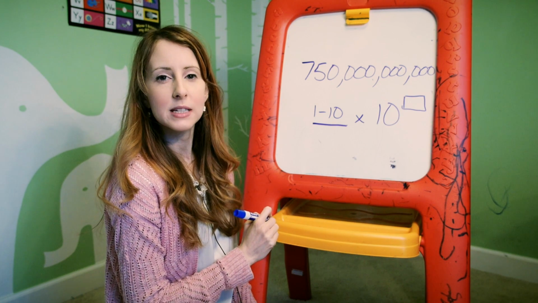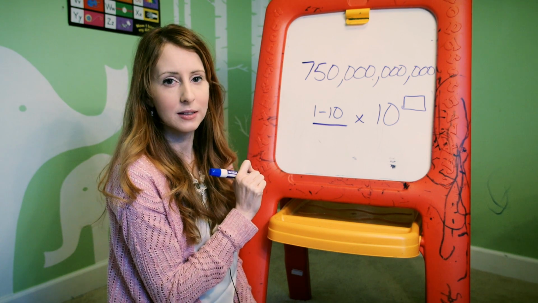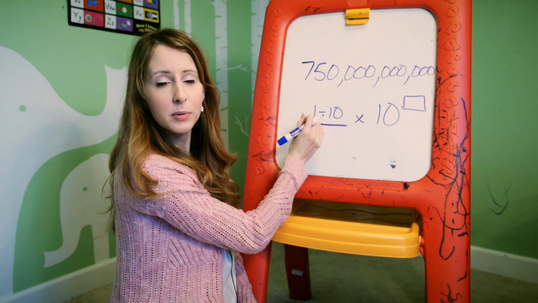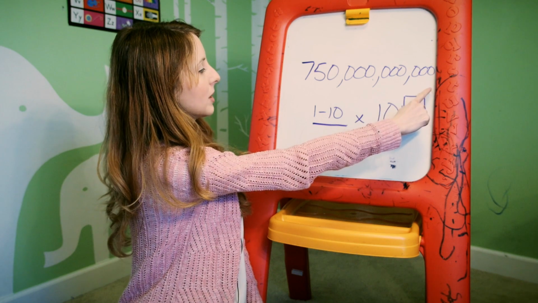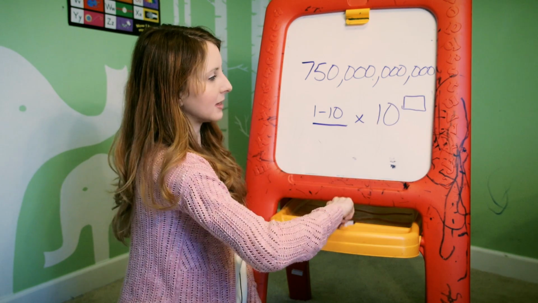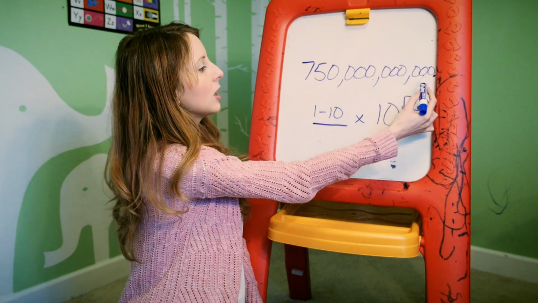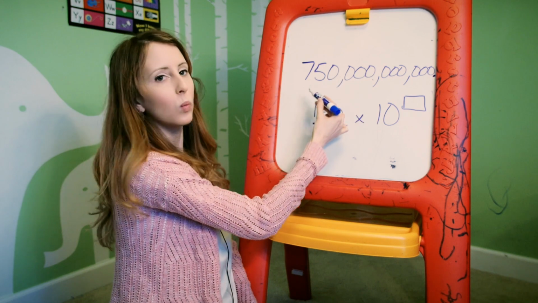And that exponent will tell you how many places you had to move the decimal point in order to consolidate it into a number between 1 and 10. So if we look at this large number, and the decimal point at this time is way over here at the right, you want to move that decimal point so that you create a number between 1 and 10.